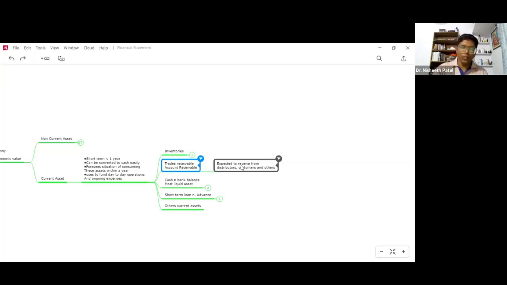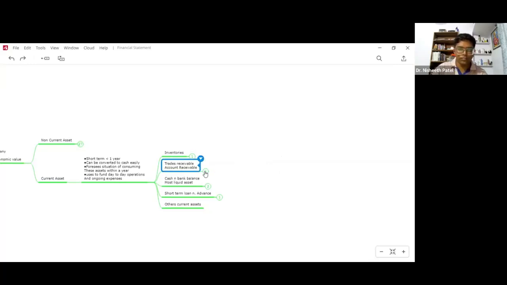The remaining 20 rupees has not been paid by the customers, and that is included in the trade receivable or account receivable. So we have to keep that in mind. If sales growth is high, meaning the company is making 1,000 crores of sales every year, but the company is not getting enough amount from its customers, it is not a good sign actually.